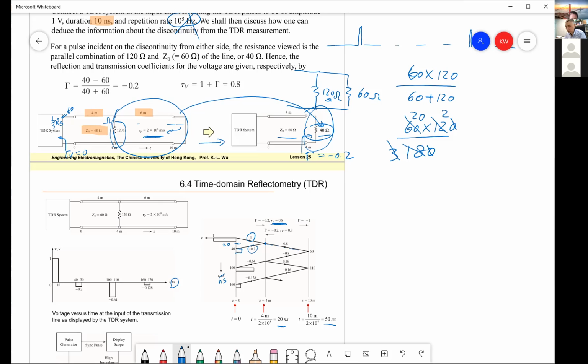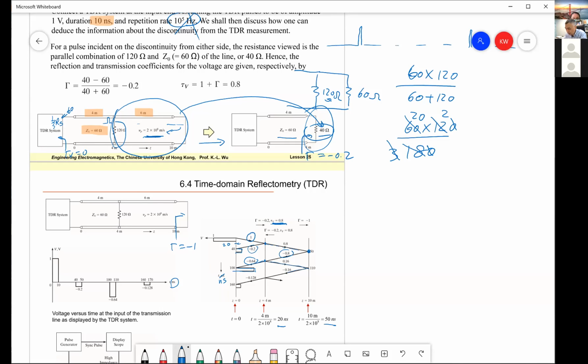This transmission coefficient is multiplied by 1, reaching another reflection coefficient, which equals -1 because of the short circuit. So we have a reflection and a certain energy transmitted, with the negative value of this.